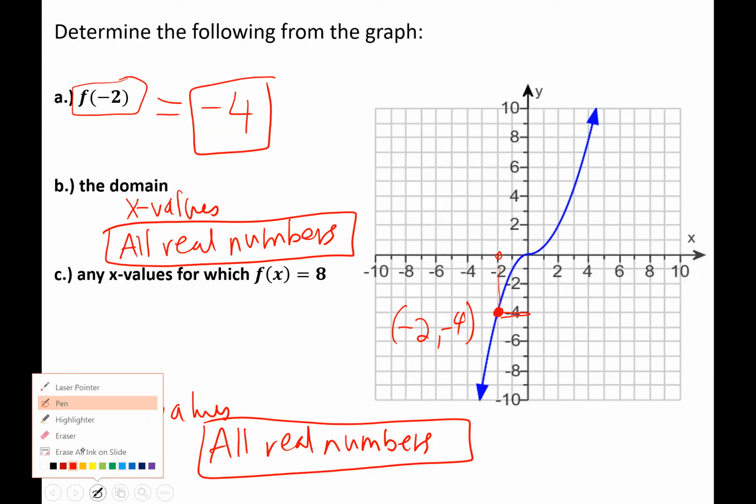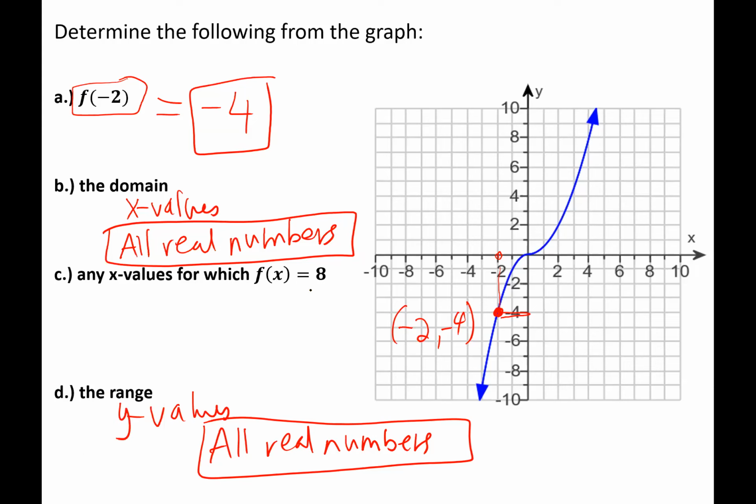Let's use orange here. Any x values for which f of x equals 8. Okay, so remember f of x is the same thing as y. So we want to know on our graph, where is y equal to 8? So last time there were 2 answers. This time it looks like there's really only one point that has a y coordinate of 8.